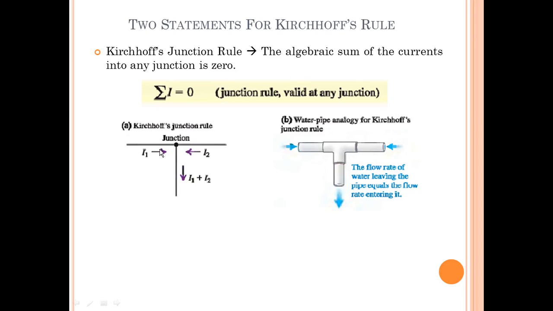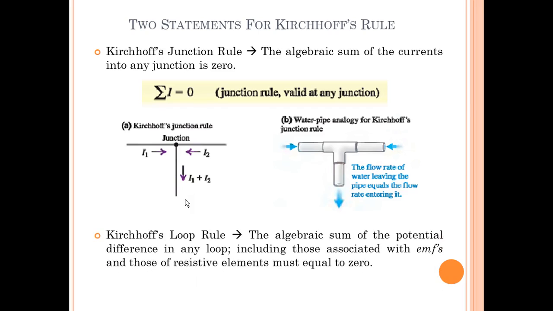The same goes with the charges that accumulate at the junction. There is no way for them to stay there, but instead they will be forced to move along the other available conducting path, such as the one that is connected here in this diagram. Okay, so that is Kirchhoff's junction rule.